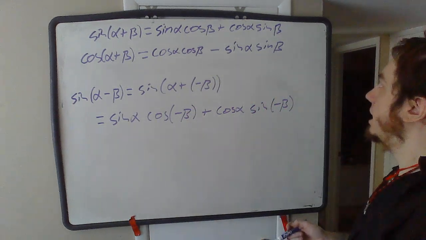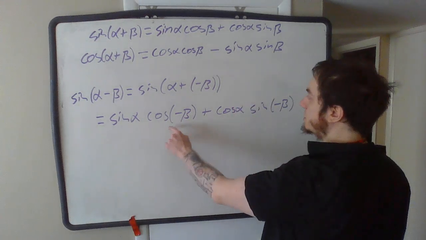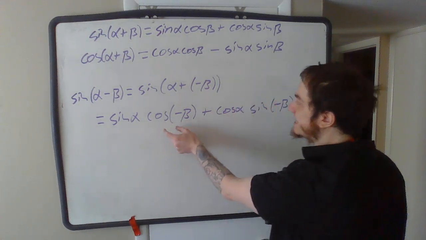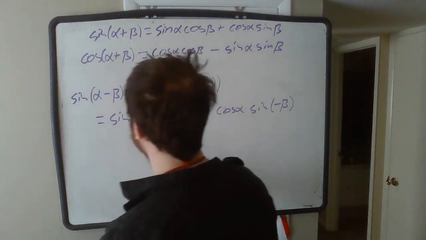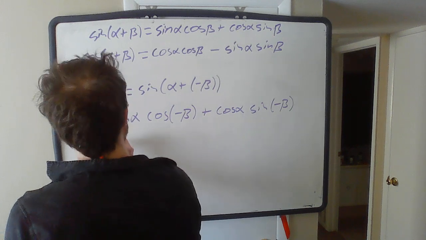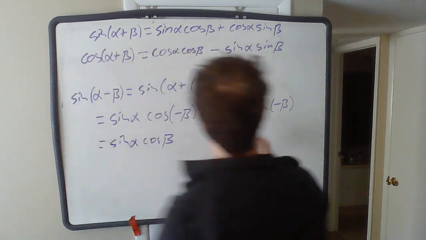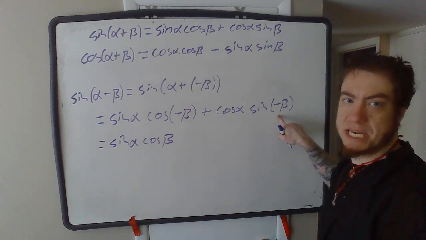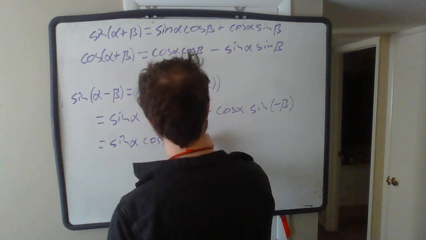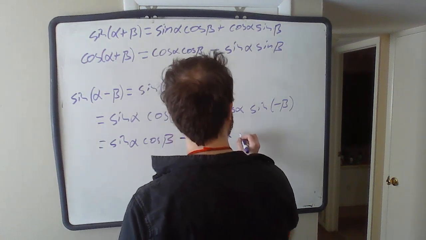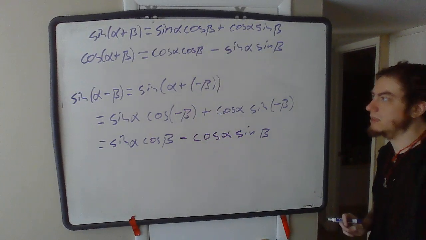Okay, what can we say then? Well, we know how to deal with these two things because we know that cosine is even, meaning that the negative can be taken out of the function and it just disappears. So this becomes sine alpha cosine beta. And sine is odd, meaning that this negative comes out front and makes the whole expression negative. So we subtract cosine alpha sine beta.